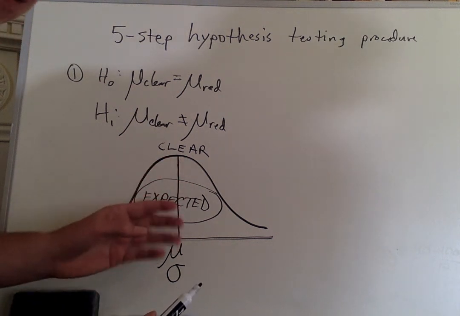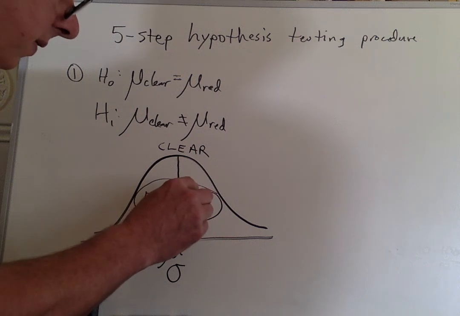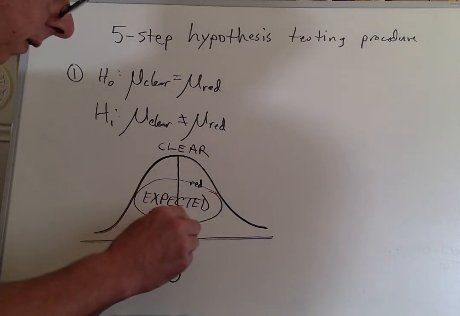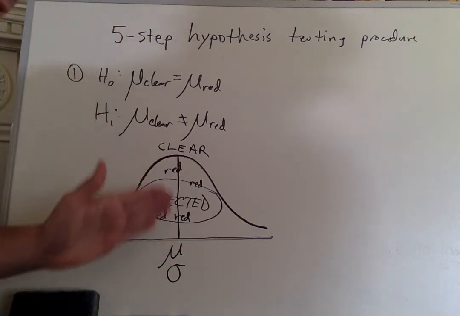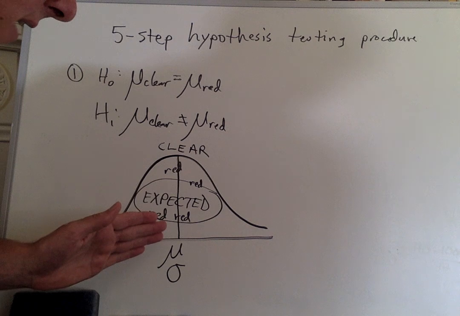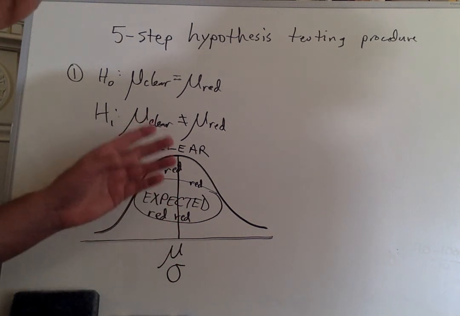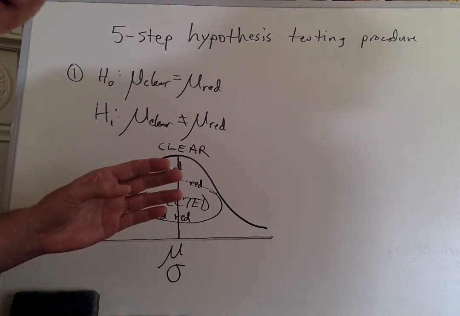This is what's expected from the clear. But if my red group ends up being in here somewhere, then it looks like it's not different from the clear solution ratings. Okay? Think about this for a minute, right?